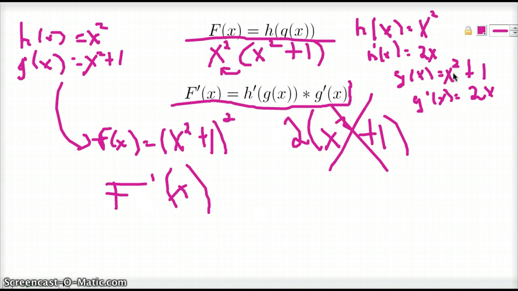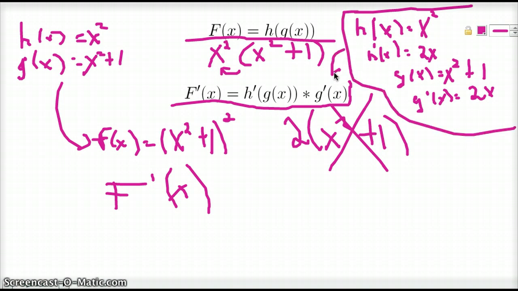Alright, so now that we have our table of values right here, we're going to plug them into here, and we're going to get the derivative of our function. So let's see if you can do that. I'd recommend pausing the video, trying that, and then playing it to see the actual answer.